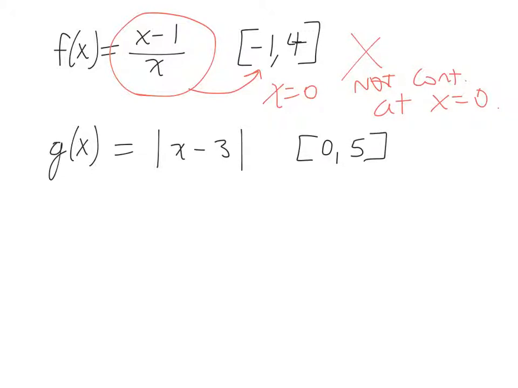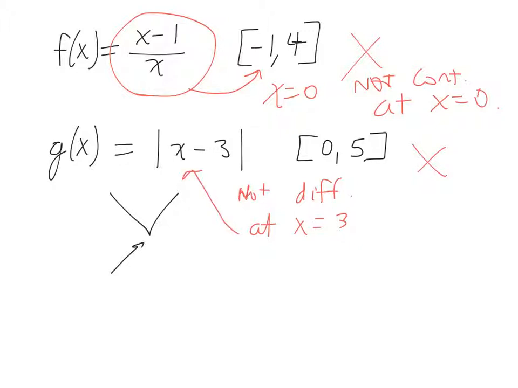But we know the absolute value function is going to have a V, a sharp turn here. Still continuous, but I can't use the mean value theorem here because this is not differentiable at x equals 3. Because at 3 I'm going to have a sharp turn. My limit is going to be negative as I come from the left and positive as I come from the right.